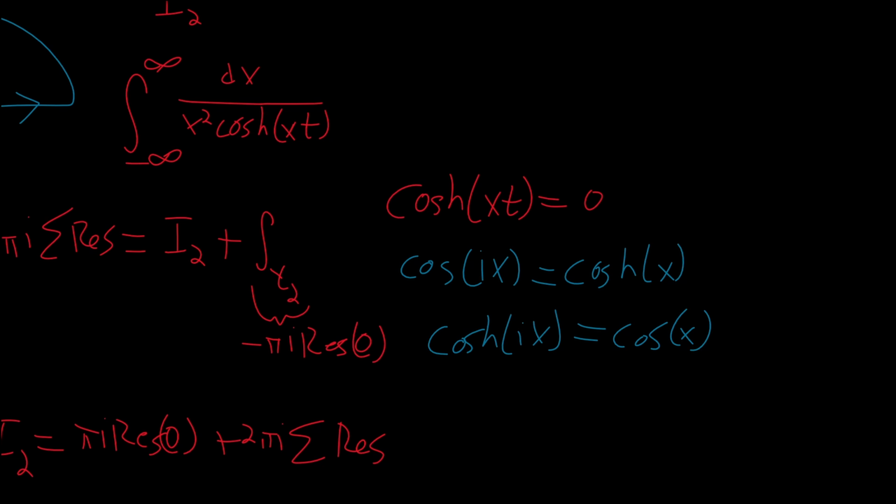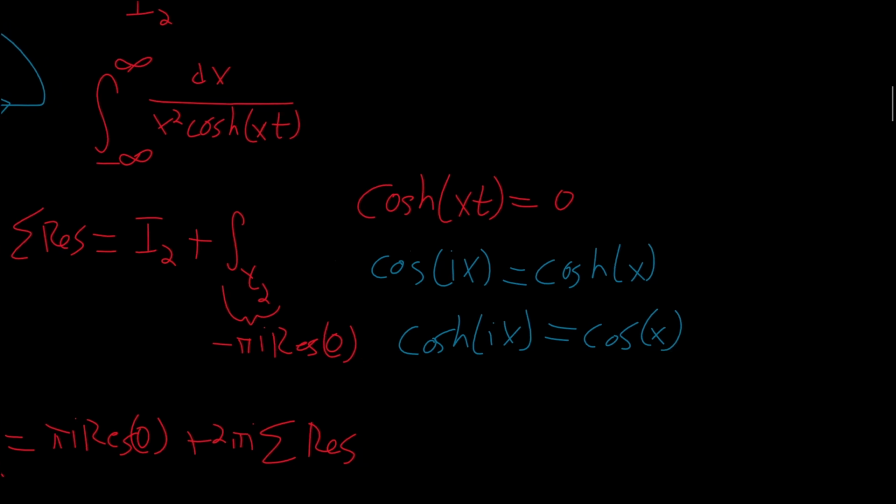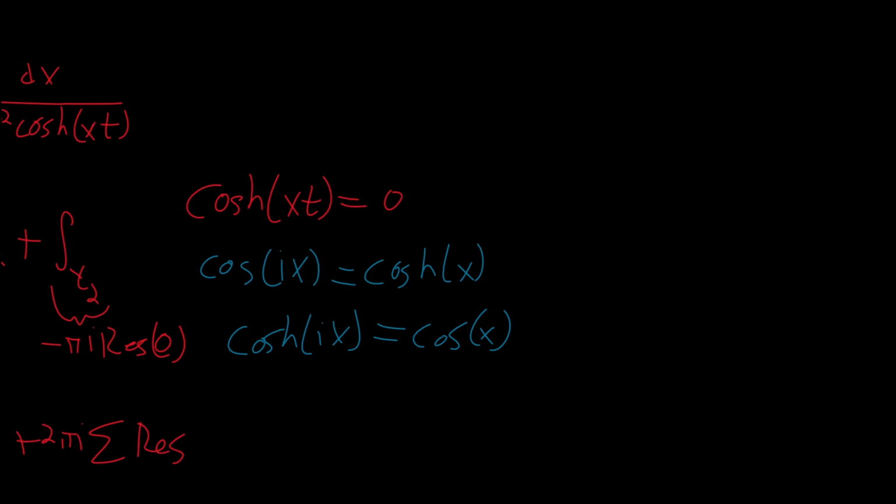What we end up getting, moving this over and multiplying top and bottom by that, is that this is the same thing as cosine of negative i times xt equals 0. So we ask ourselves, cosine of what is equal to 0?